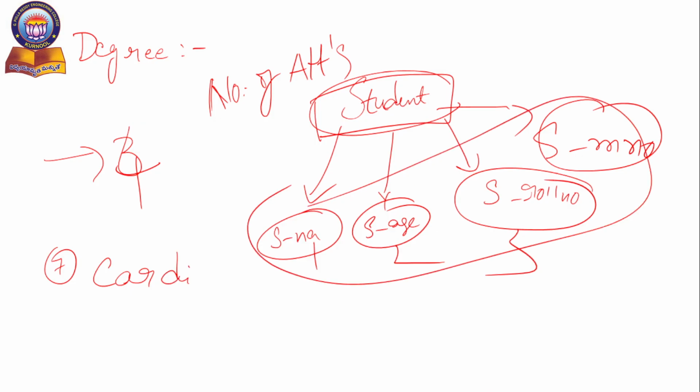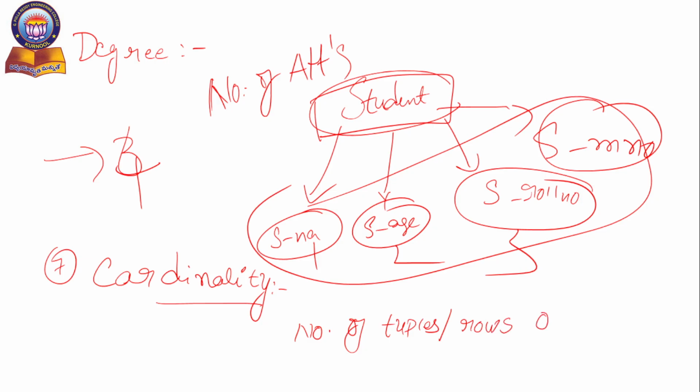Next, seventh one is cardinality. Cardinality is the number of tuples or rows of a relation. Eighth one, null values.